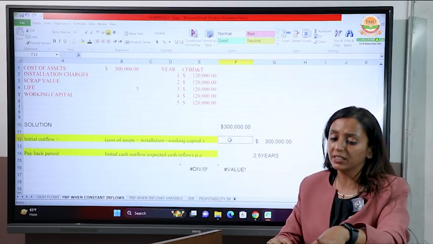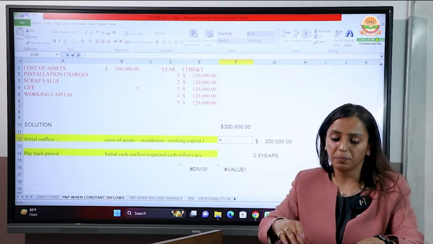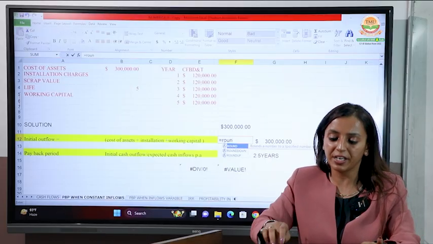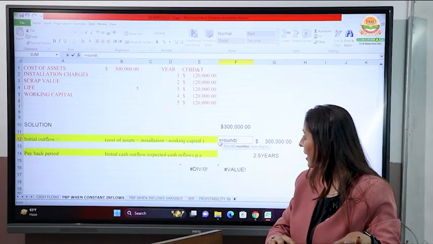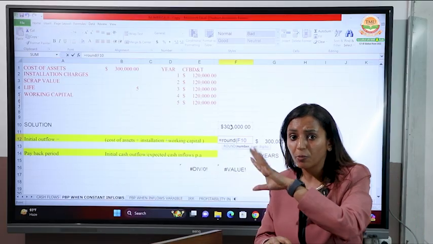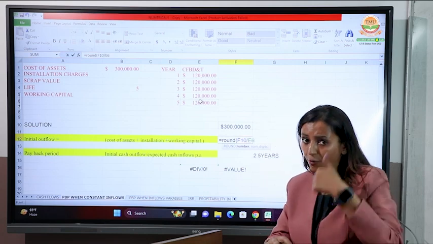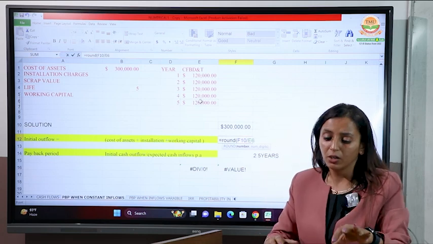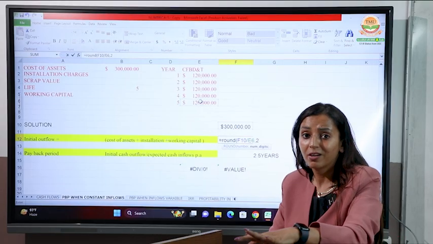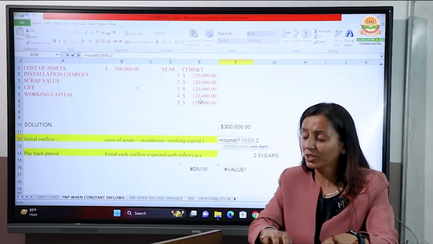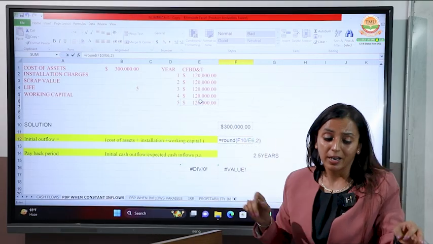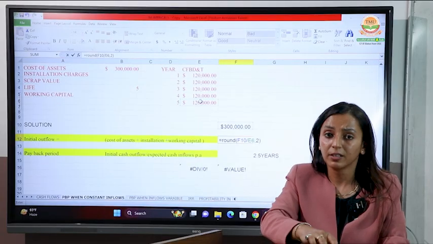Please have a look once again. It equals ROUND, R-O-U-N-D, bracket open, right? Your 3 lakh rupees, that is the outflow, divided by what you are getting, 1,20,000, comma 2, then bracket close, right? Hope you remember the &, right?